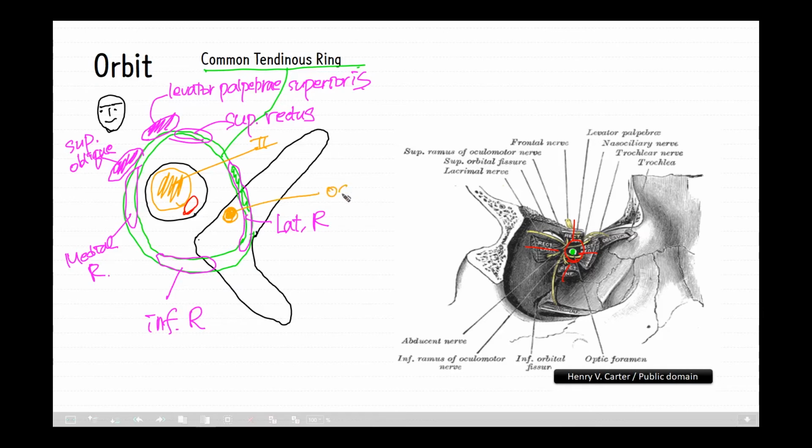Oculomotor nerve, superior division and inferior division of oculomotor also pass through the superior orbital fissure and the inside of the common tendinous ring. And nasociliary nerve and abducens nerve.